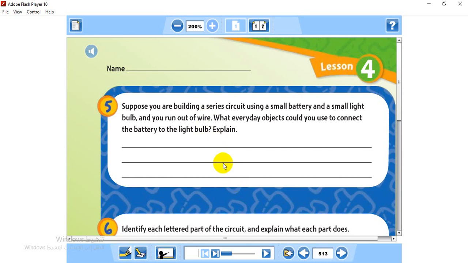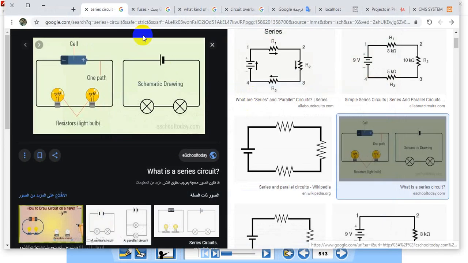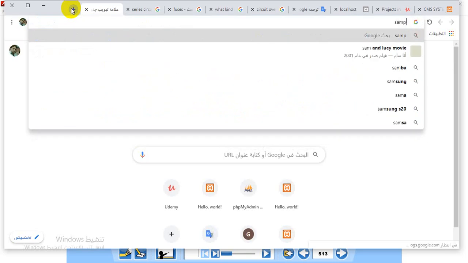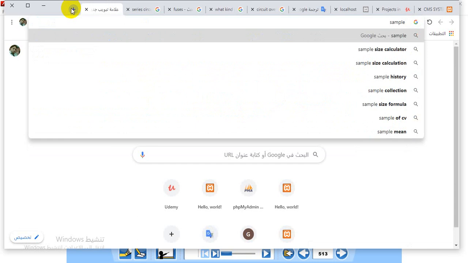Before I tell you, let's go to the internet again and search for a simple series circuit example.